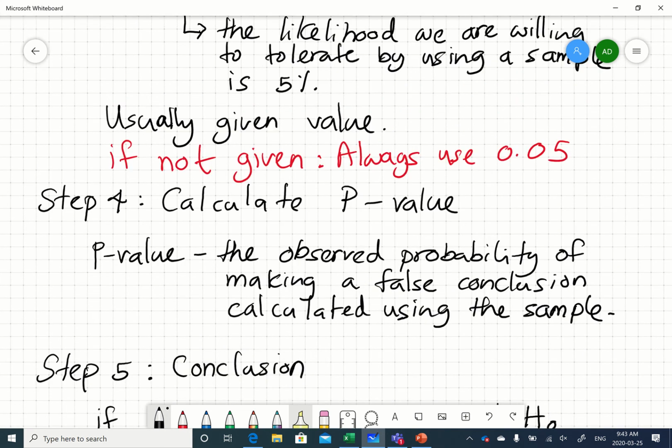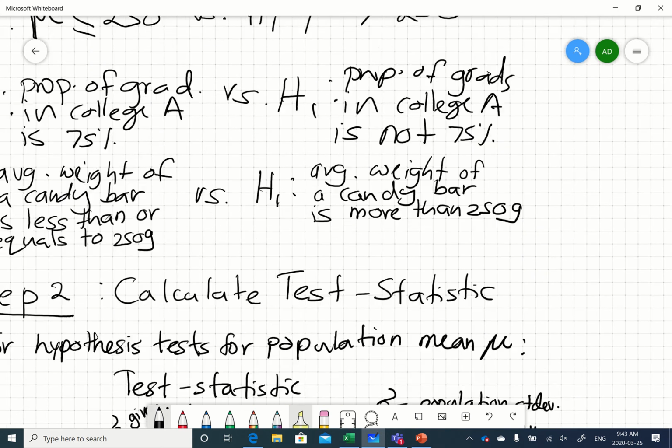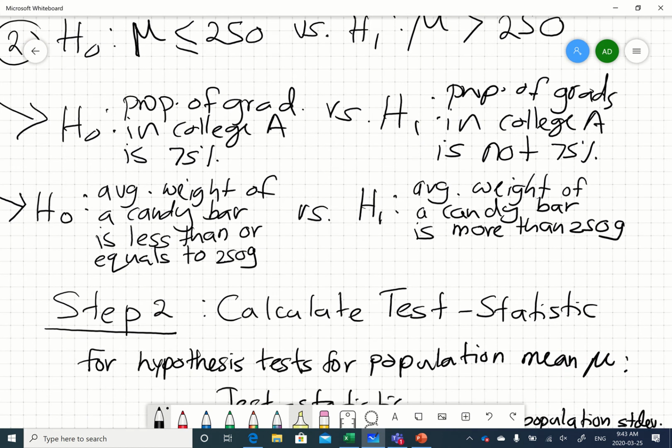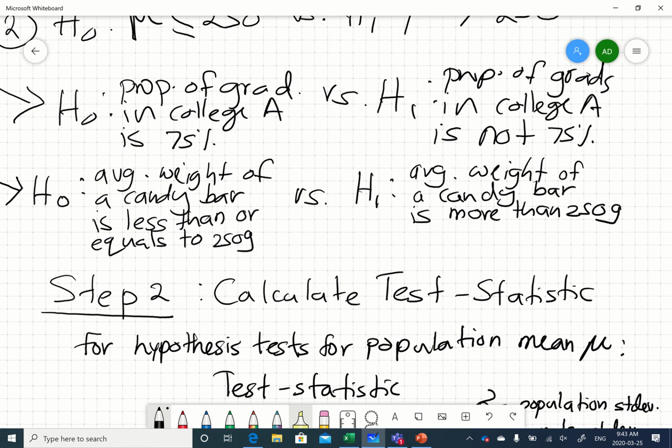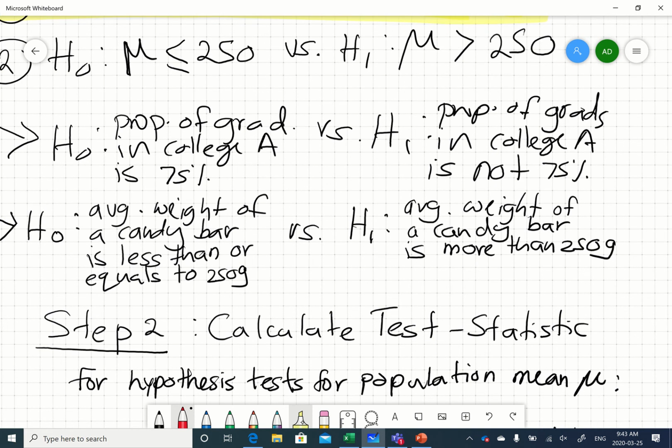If I scroll up to those examples we did, you will have to go up here. Once you decide, okay, I'm going to reject H naught, for the first one, just assume that after running the test, we decided to reject H naught.